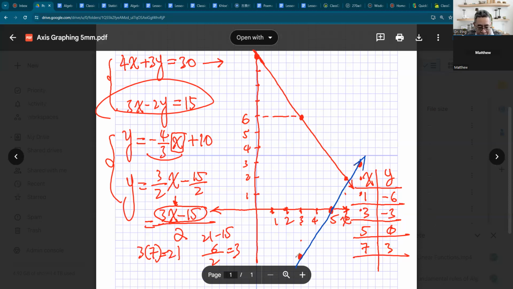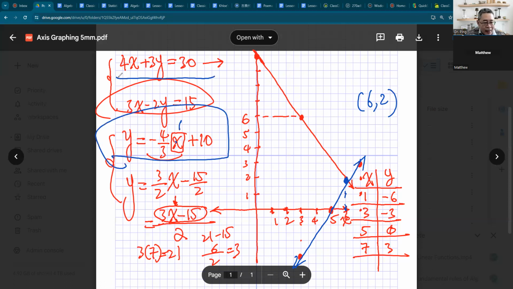Okay. It's kind of close to here, which is 6, 2, right? Close to that. Well, let's check if that's the case. Now, if x is 6, 2, we plug in here, or we can plug in there, doesn't matter.